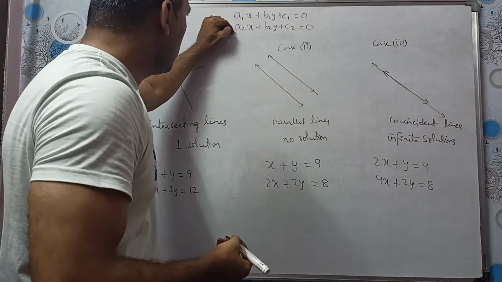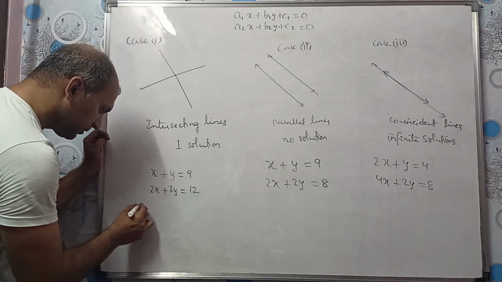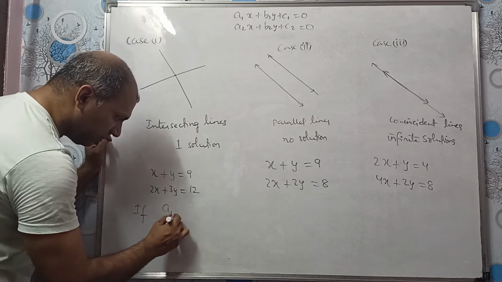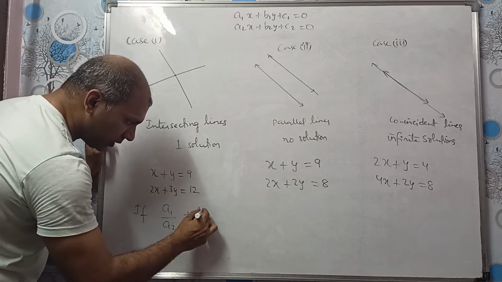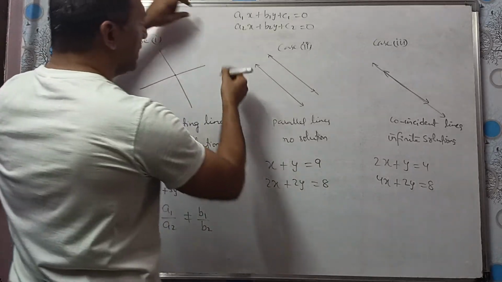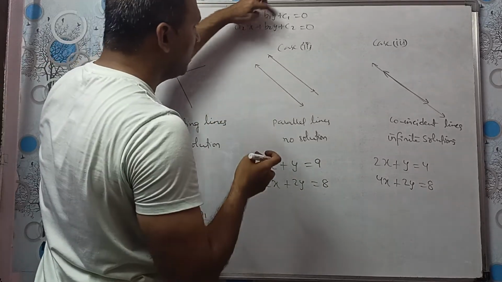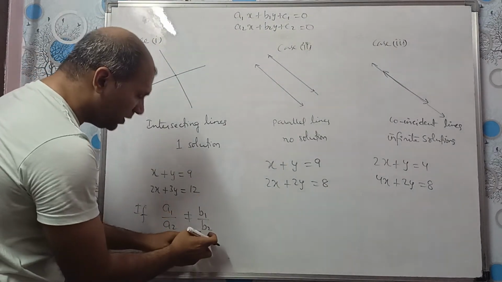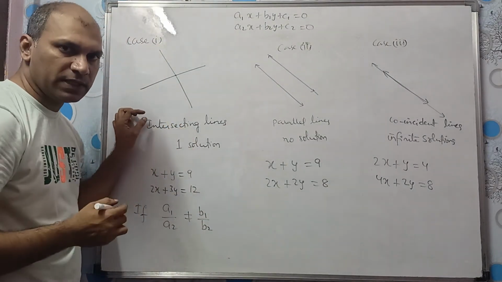So, a1 by a2, b1 by b2, c1 by c2. If a1 by a2 is not equal to b1 by b2, the lines will be intersecting lines.